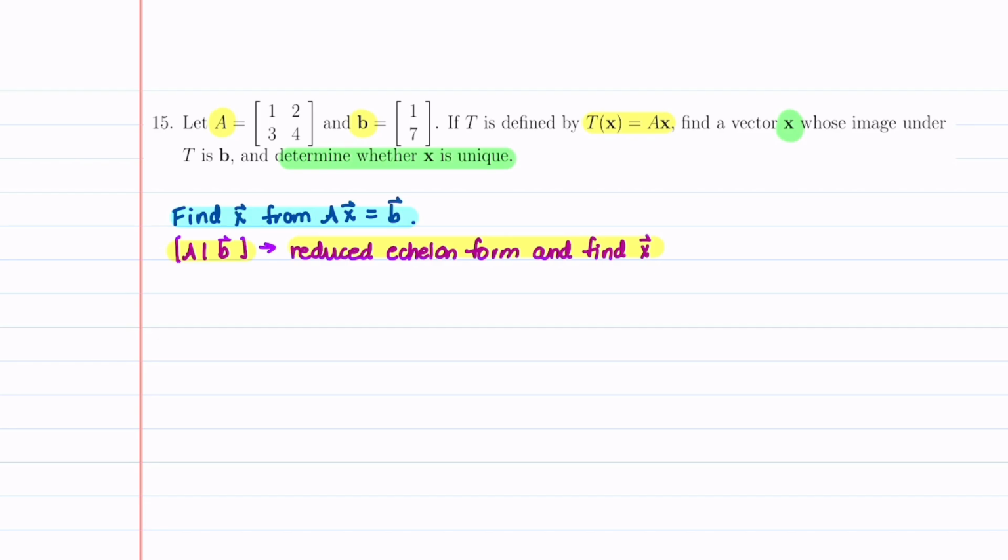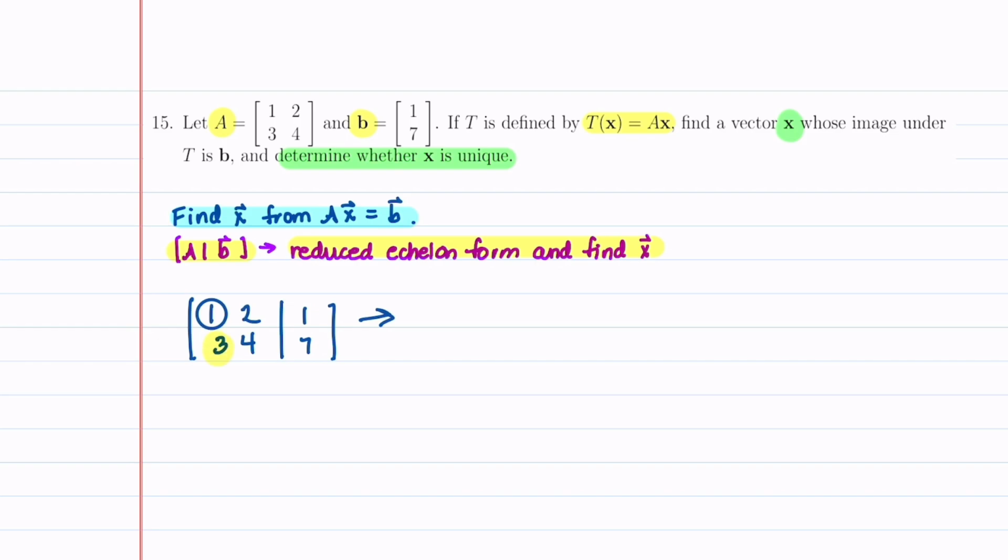Let's go ahead and create our augmented matrix. We have [1, 2; 3, 4], and we're going to augment that with our vector B, which is (1, 7). We need to put this in reduced echelon form. So I'm going to begin by circling the pivot, and we're going to get a 0 below this pivot.